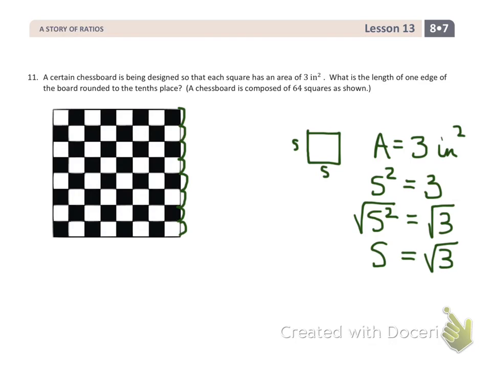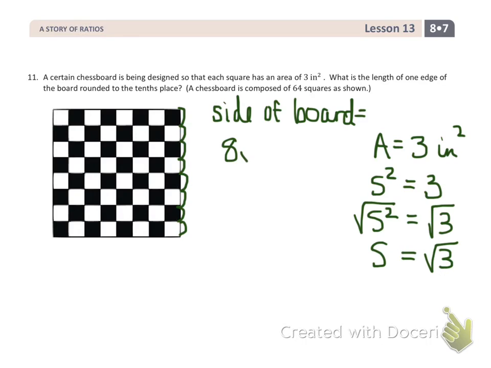Okay, so I know that the side of the board would be 8 times the side of one of the little squares. So it's 8 times the square root of 3.